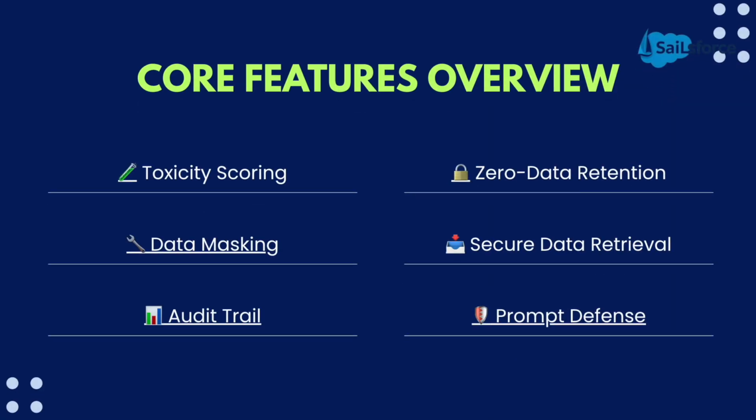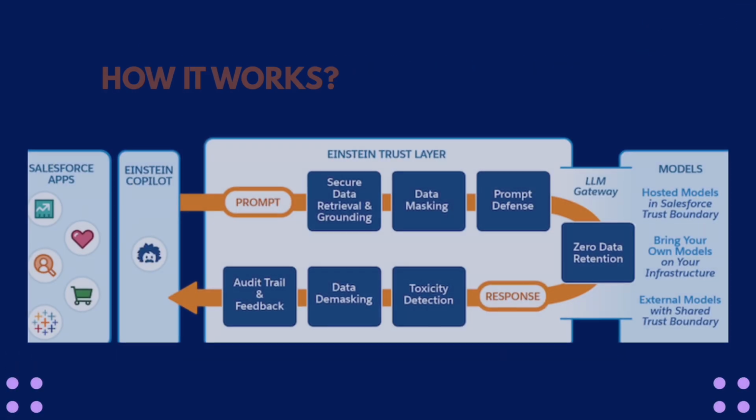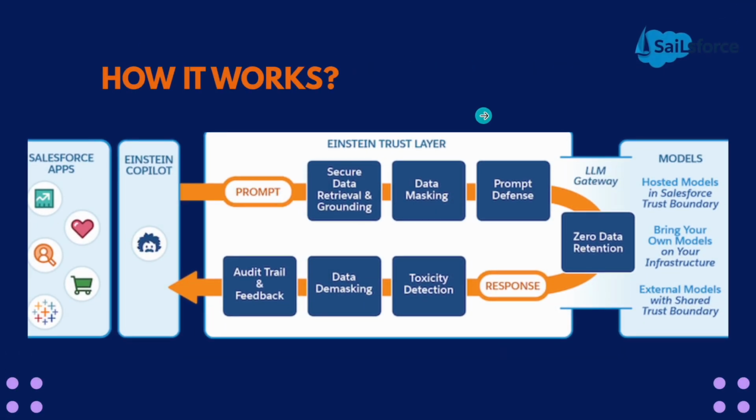And these are the core features of Einstein Trust Layer, and we will explore each of these in the prompt response journey in the coming slides. So this is how the Einstein Trust Layer works. Whenever a user interacts with the Agentforce agent, the prompt will be sent through secure data retrieval, grounding and data masking, and prompt defense, and it will reach the LLM Gateway, where we have a number of models.